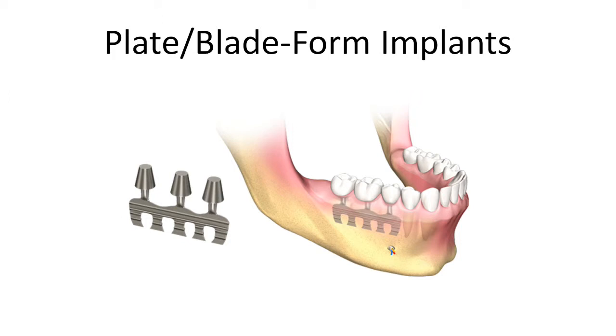This is a fairly standard sort of design. In the past, they were made of things like cobalt chrome, but now they tend to be made from titanium, and the surfaces have been textured, and all sorts of design modifications have been added to try and enhance their integration.